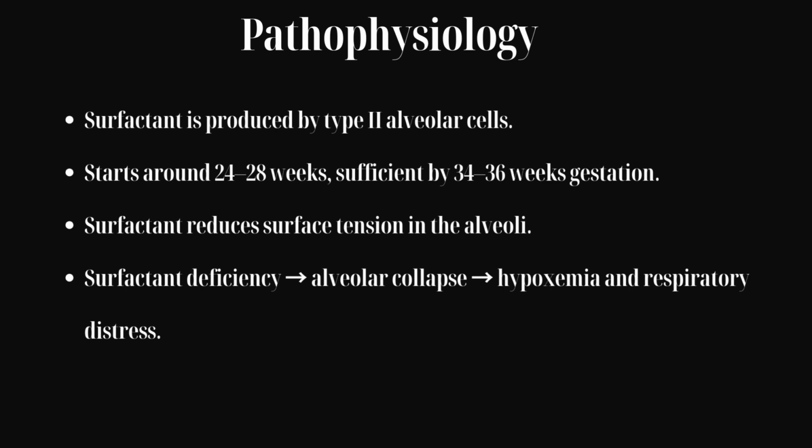By 34 to 36 weeks, there is usually enough surfactant to prevent RDS. In premature babies born before 34 weeks, there isn't enough surfactant, leading to alveolar collapse, impaired gas exchange, and hypoxemia.